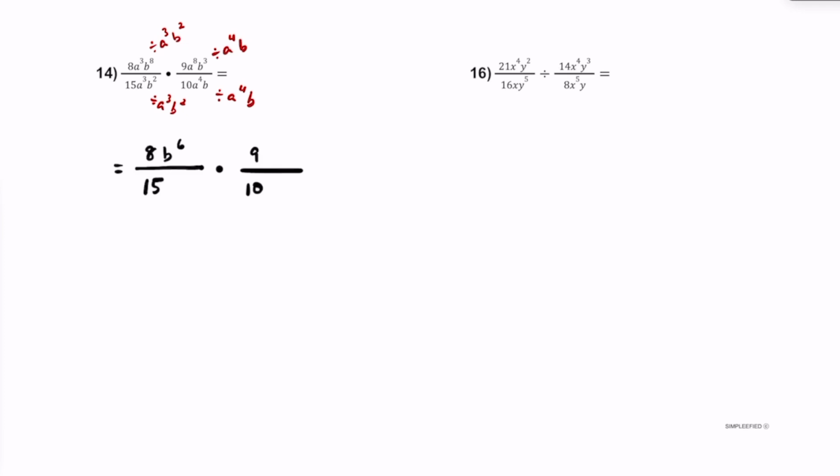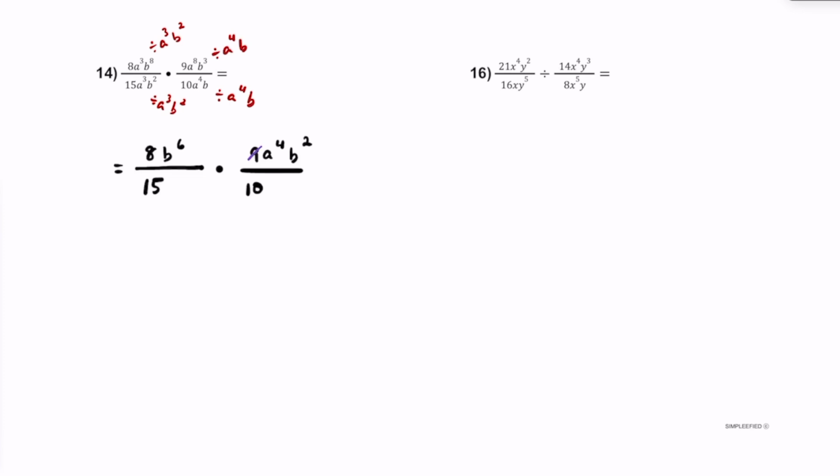But if we divide 4 a's out on top, we're still left with a to the 4th power. And then it looks like if we divide 1b out, we're left with b squared. And then it looks like for the denominator, all a's kind of canceled out there, and then the b's also canceled out there. So it looks like we just are left with this 10 on the denominator. Okay. If you go ahead and check to see if we can do any cross canceling, I think we can, right?